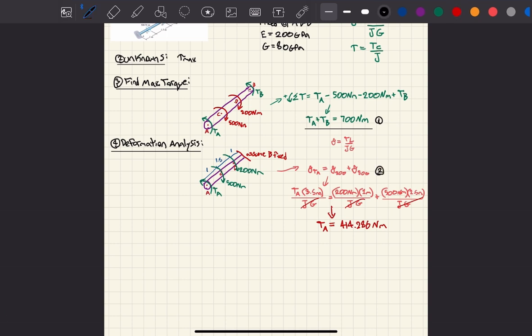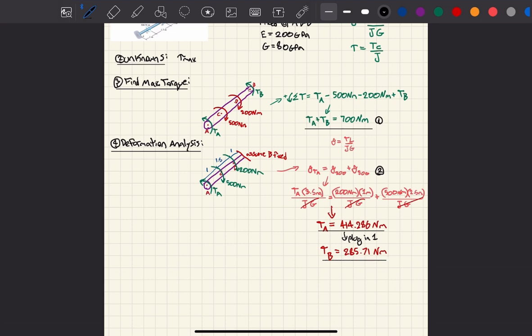By plugging this value into your equation 1, you're going to end up getting that TB is equal to 285.71 Newton meters. Okay, beautiful. And just like that, you found your TA and your TB.